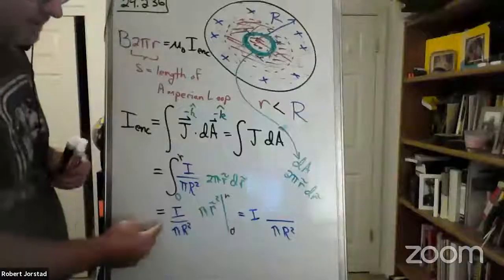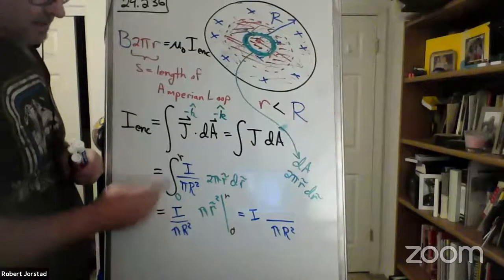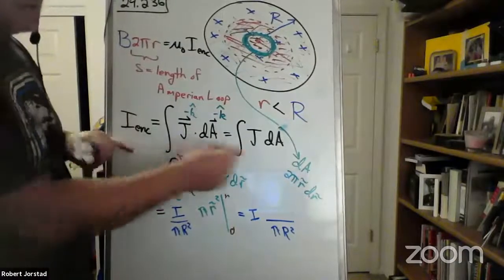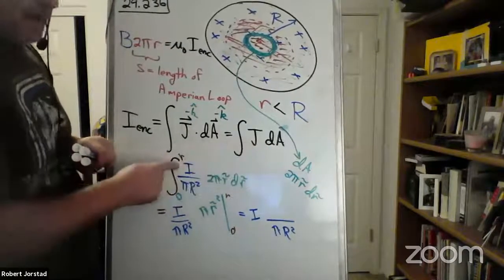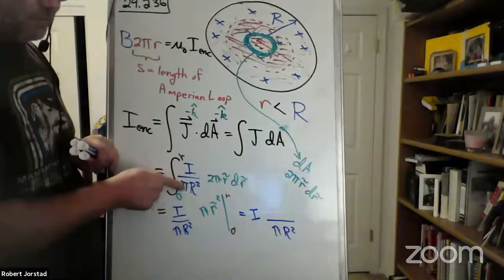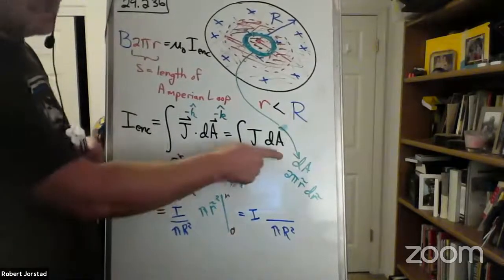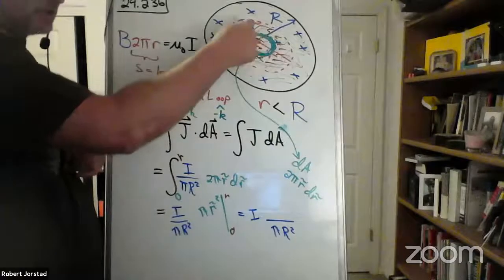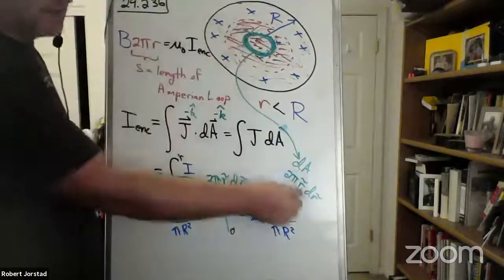All right, so in this case, sorry, let me go back here. I enclosed is J dA. J is I over pi R squared because it was uniform. It's total current over total area. dA is the area of this little shell, which is 2 pi r, the distance around, times its thickness.